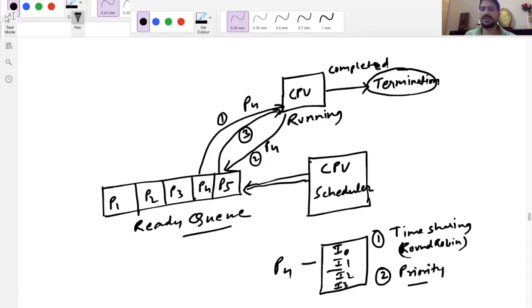So the CPU scheduler will stop the existing process which is inside the CPU, take it out, put it into the ready state, and give the higher priority process the chance to execute in the CPU. Getting it? So this is how we can implement scheduling with preemption.